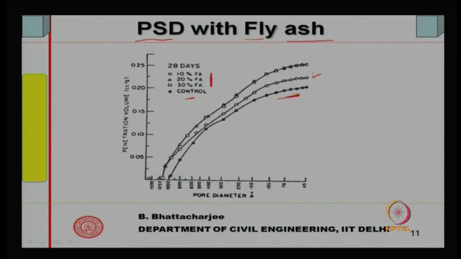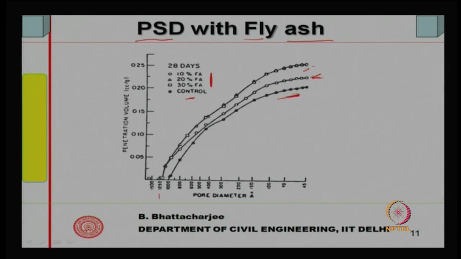So, you have got penetration volume at 28 days, and more volume penetrates as far as 10% is concerned. This one, the triangle, is 20% PFA, with more volume, and the pores would be larger.